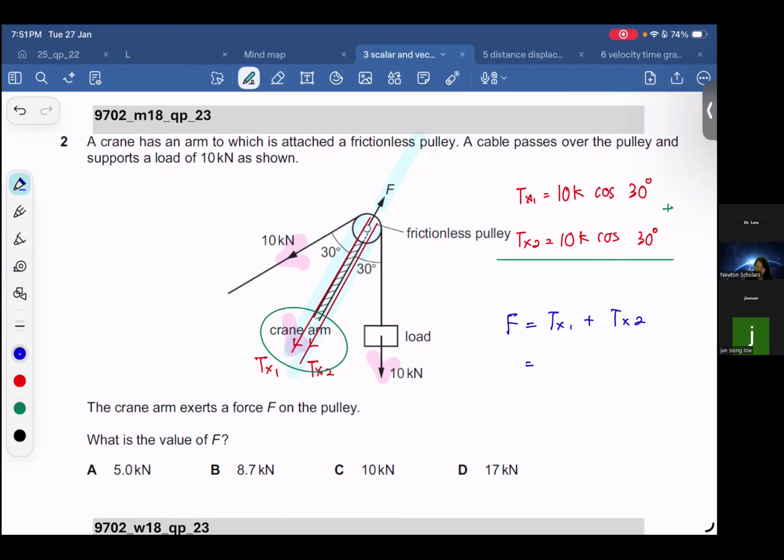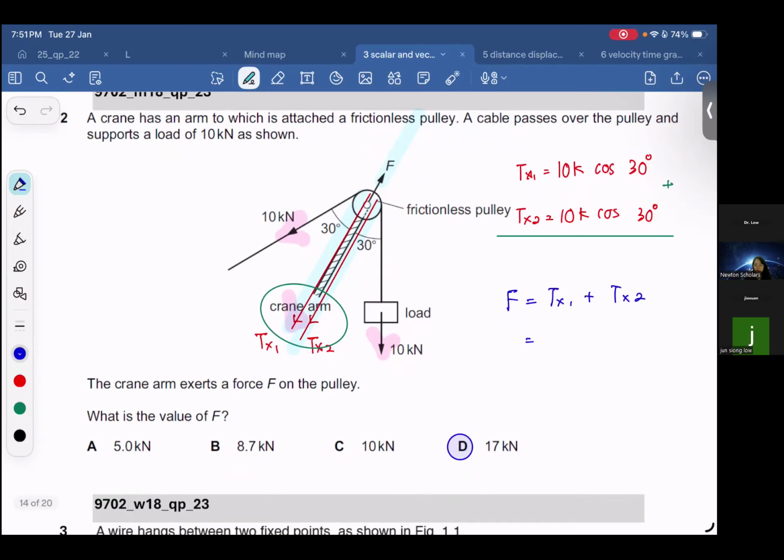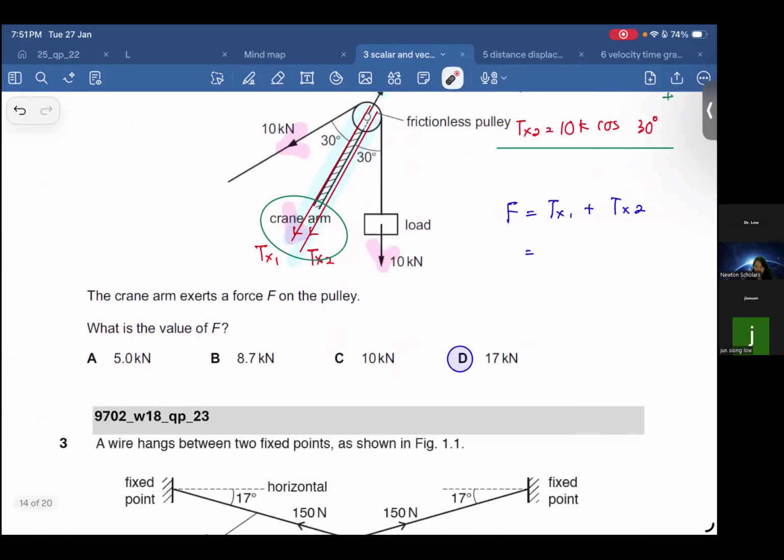Correct, Jiashen, correct. Junxiong, are you able to get it? You must resolve the forces into one direction, so we can only balance and cancel out. Okay, dear.